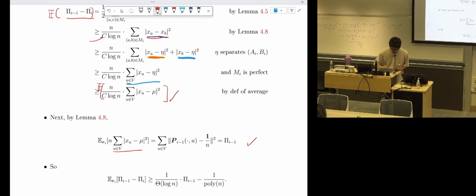So it means the expectation of the potential decrease is going to be the potential function at time i-1 over log n, because this is just 1 over c log n times the potential function at time i-1.